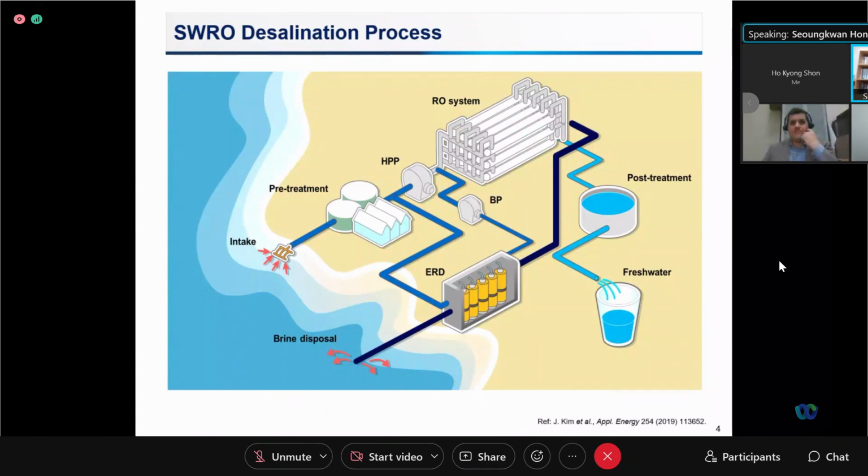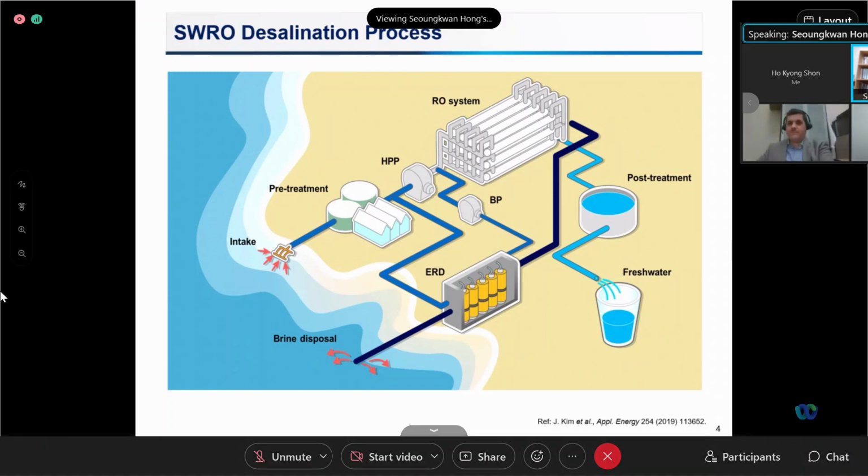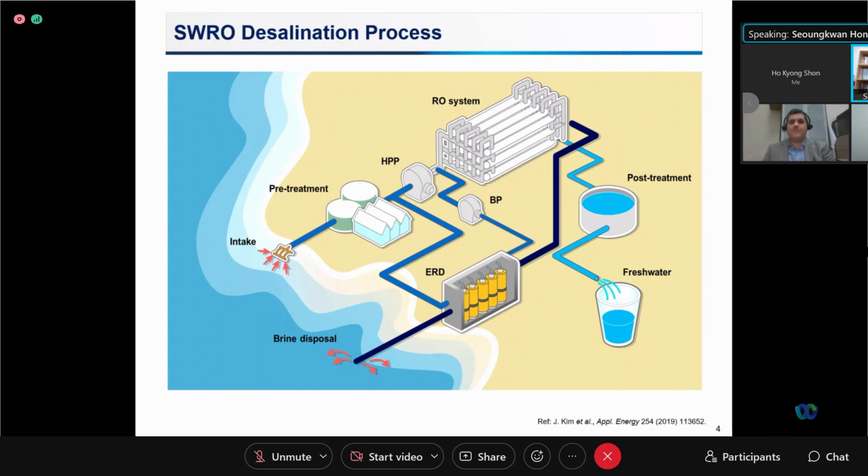This slide shows a typical SWRO desalination process. Raw water is first treated by various pretreatment processes, including DAF, dissolved air flotation, DMF, dual media filter, or UF membrane to remove particles and organics which can cause significant fouling on the membrane surface.